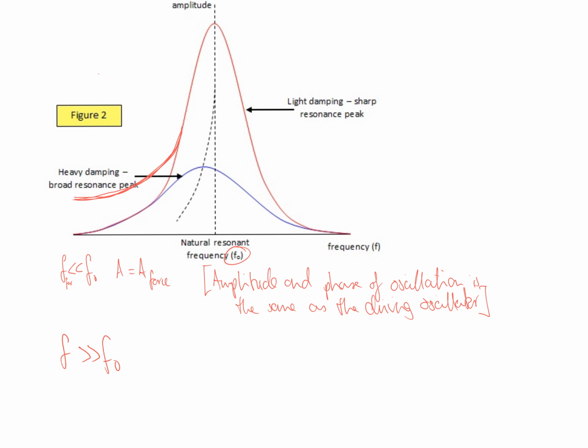So the amplitude is very small, and the phase is actually, though you might not see it, 180 degrees or pi out. It's really difficult to see.